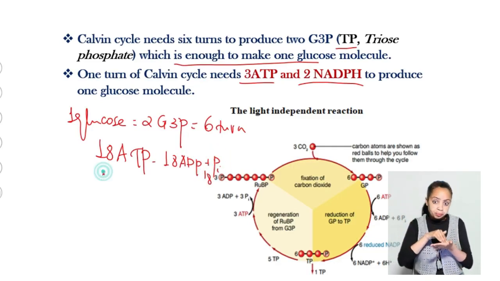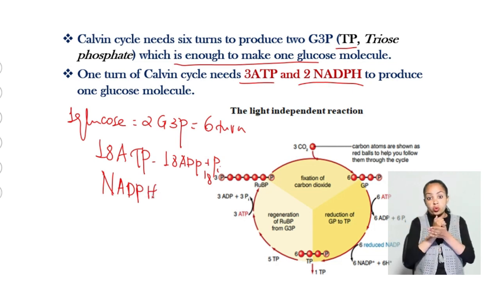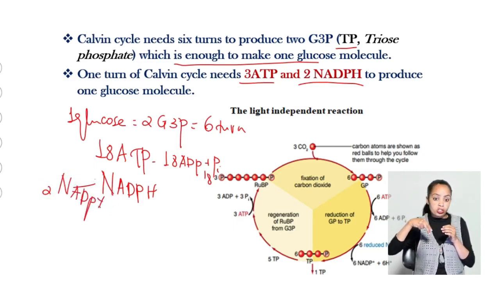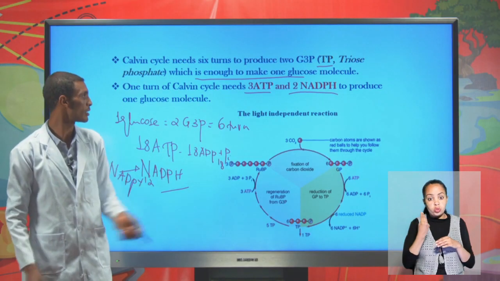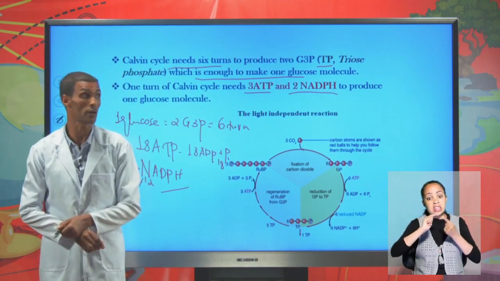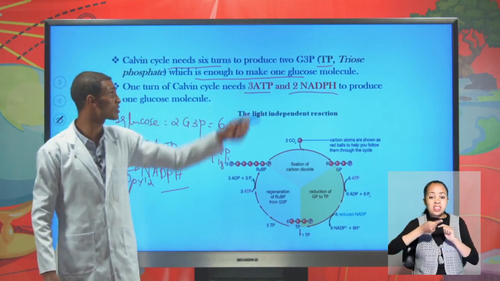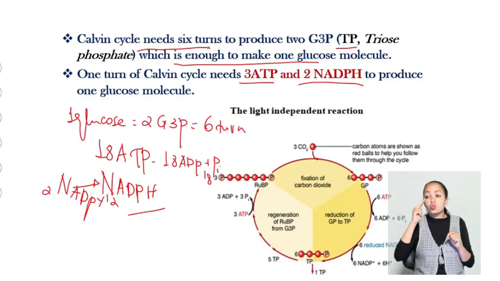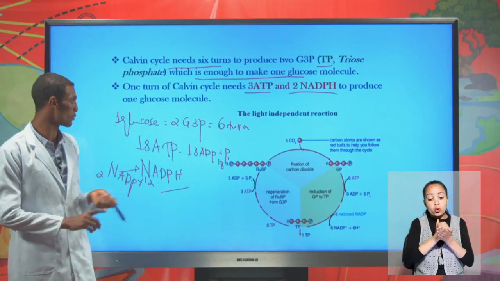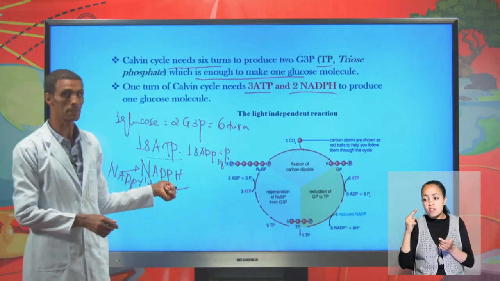And again, 12 NADPH are used here, in the form of oxidation. 12 NADPH become oxidized to NADP, which are later used in making NADPH. Generally, the Calvin cycle needs 6 turns to produce 2 glyceraldehyde 3-phosphate molecules, enough to make 1 glucose molecule, where 1 turn needs about 3 ATP molecules and 2 NADPH molecules. Production of 1 glucose molecule consumes 18 ATP molecules and 12 NADPH molecules.